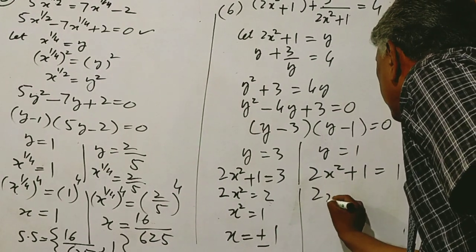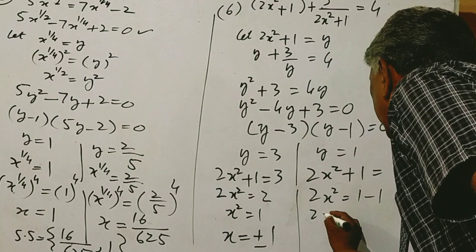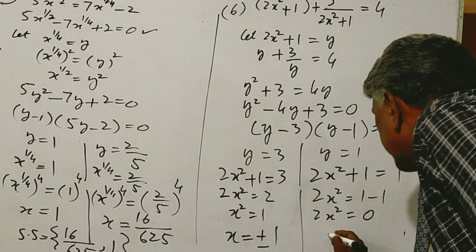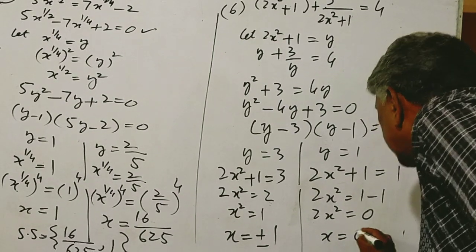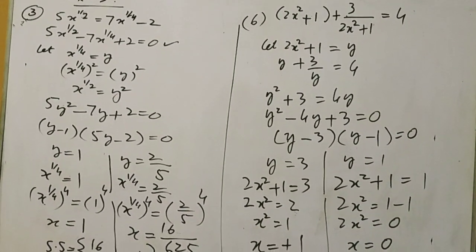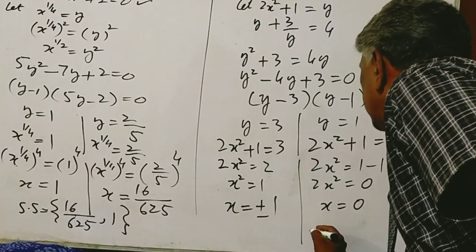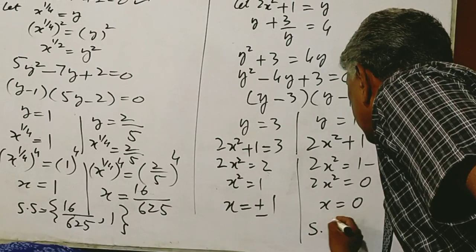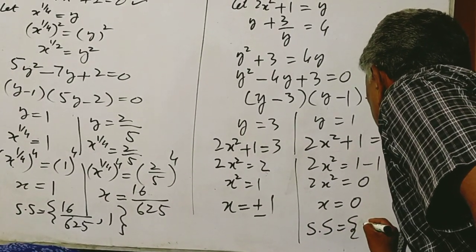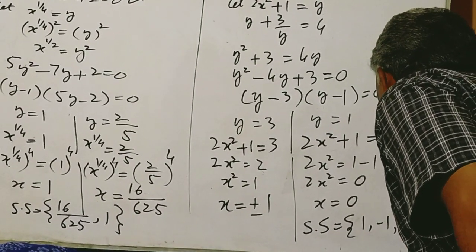Again you will see that 1 minus 1, 2x squared is equal to 0, and after simplification you will get the value of x equal to 0. It means you have found 3 roots. So the solution set is plus 1, minus 1, and 0.